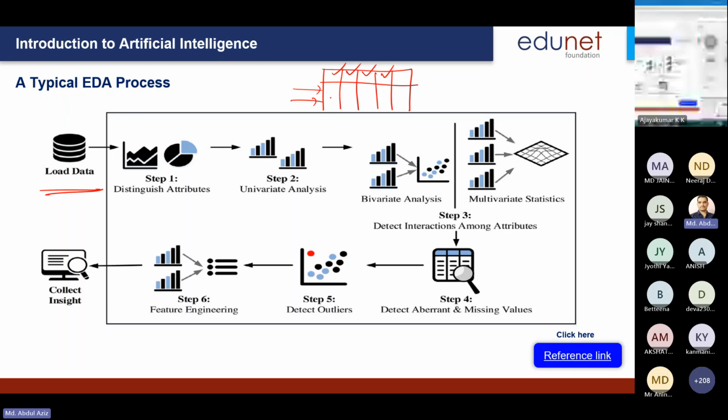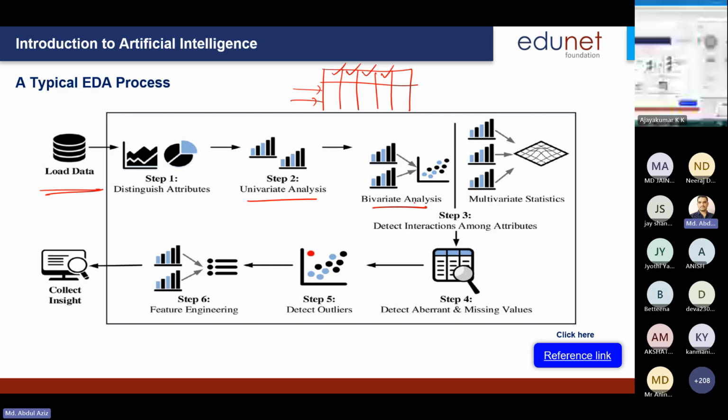So we'll be getting the distinct or unique attributes and variables, and we'll be doing univariate analysis. Univariate analysis means analysis that depends upon only one column. That is what univariate analysis is.